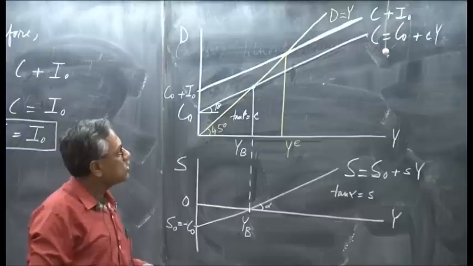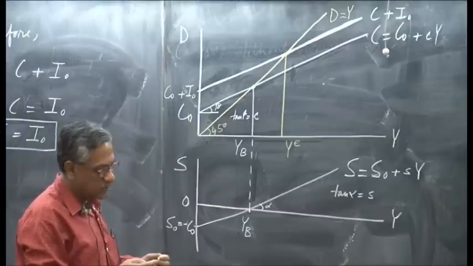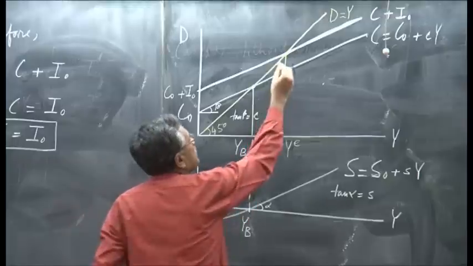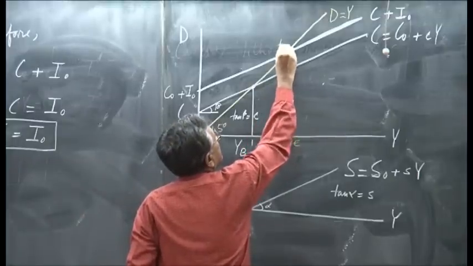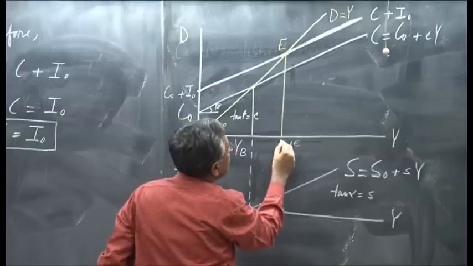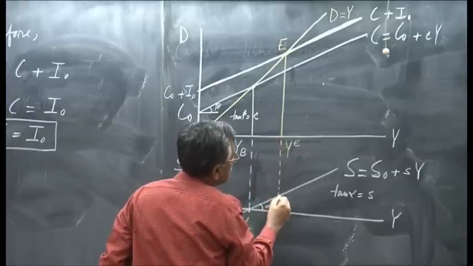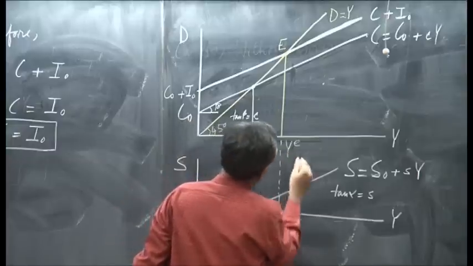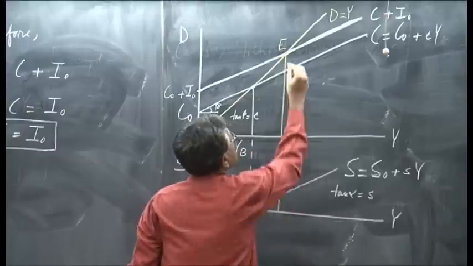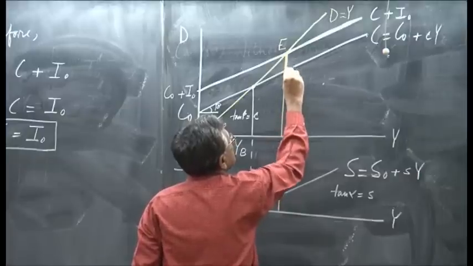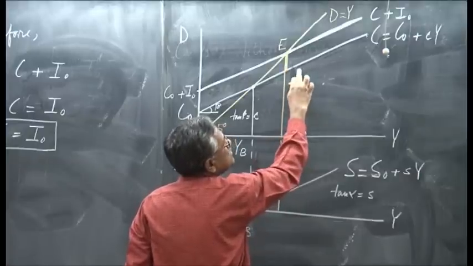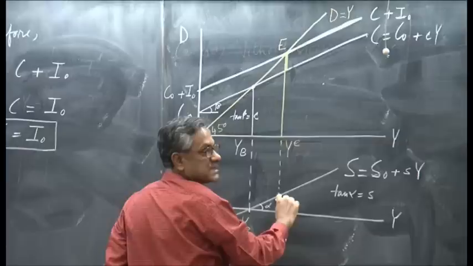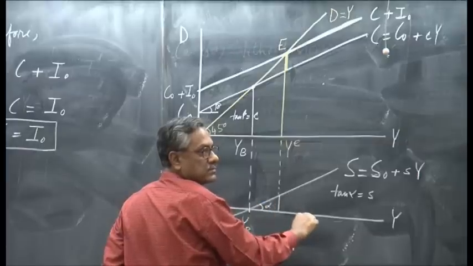Now the question is, at the equilibrium point, call that E, do you have savings equal to autonomous investment? So essentially what I'm trying to say is that this height, the difference between consumption and aggregate demand, is investment, and it should be equal to the savings on the savings line.